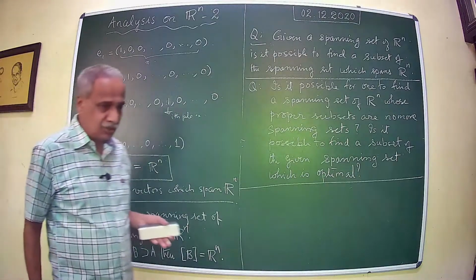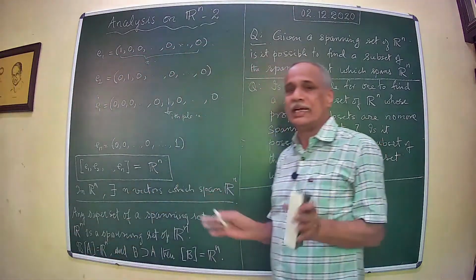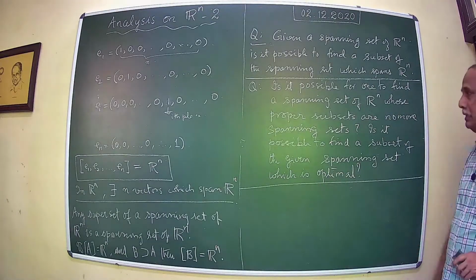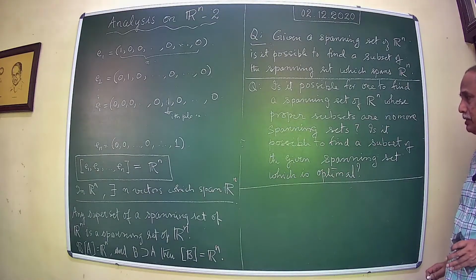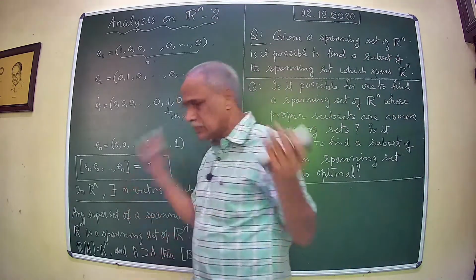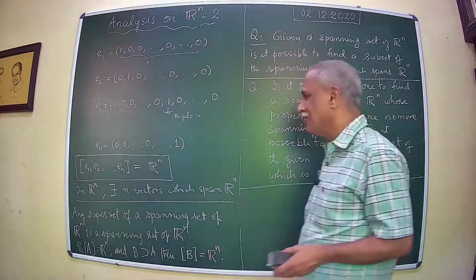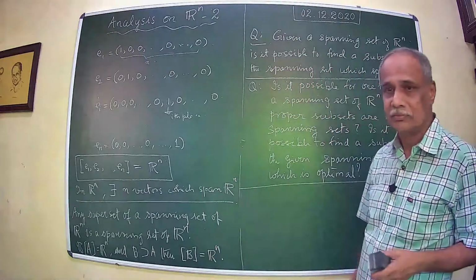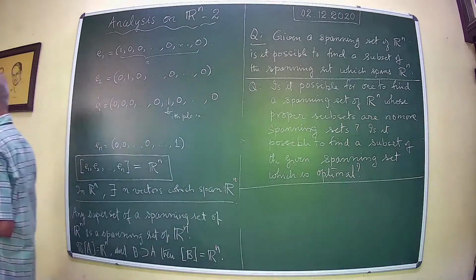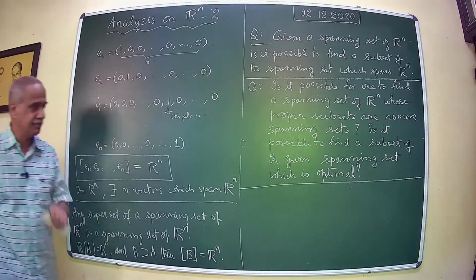Okay? So we'll try to make this spanning set as small as you like. For instance, you see that if you take E1, E2, etc., En, it is a spanning set. If you drop one of them, then it is no more a spanning set. What does it mean? This is optimal. Okay?